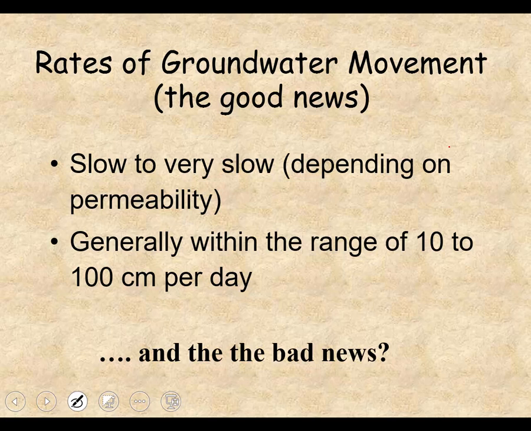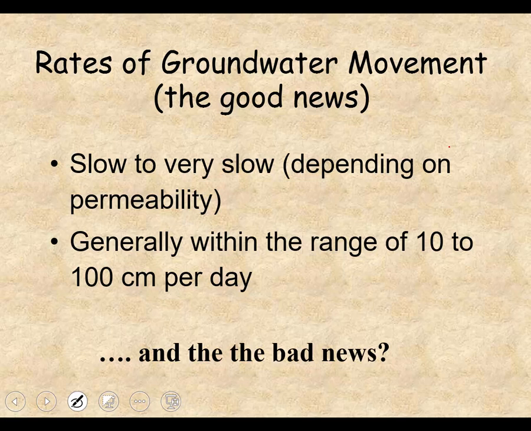Now we kind of have the good news that because it's very slow, on the order of often centimeters per day, the previous one was unusually slow. That means that if it's polluted, it doesn't go very far very fast.